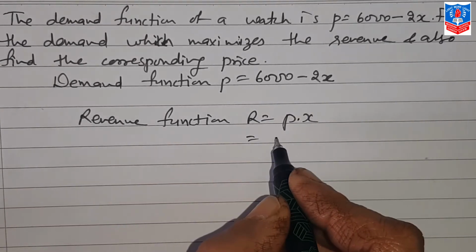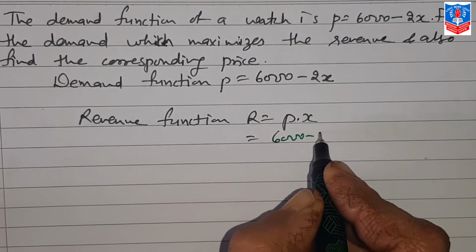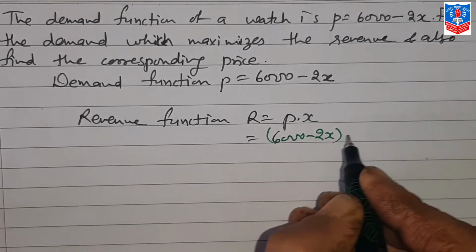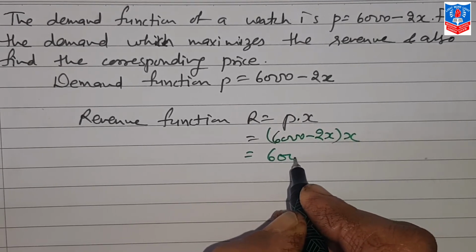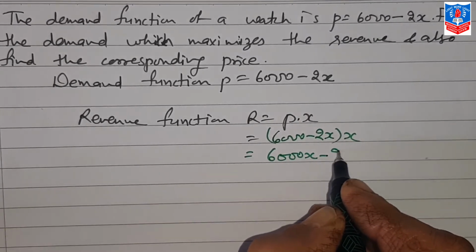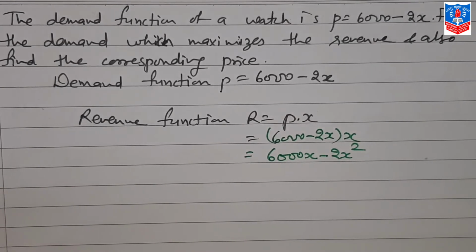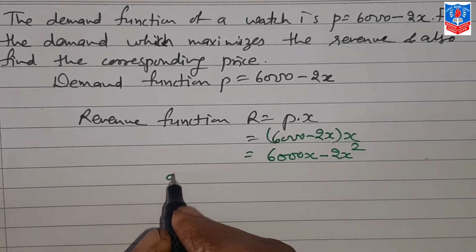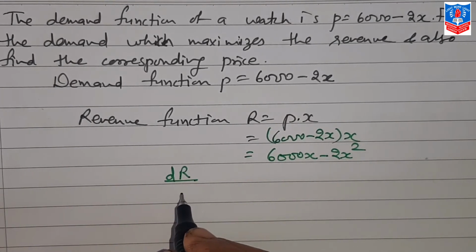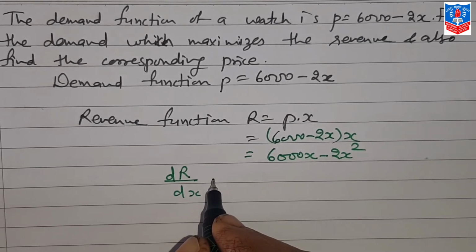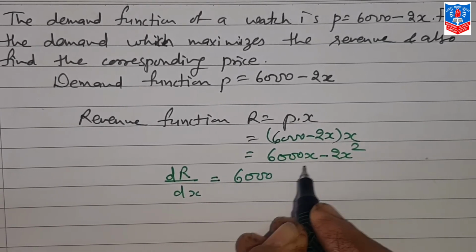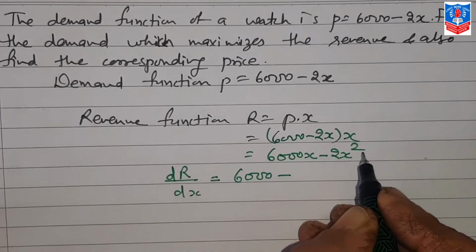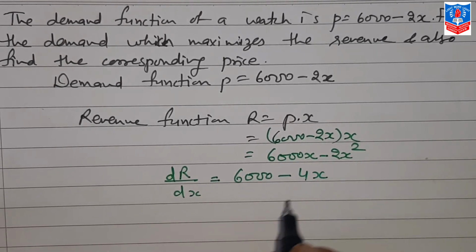Here P is 6,000 minus 2x, into x. So this will be 6,000x minus 2x². So our dR/dx will be 6,000, x gives 1, minus 2, 2 twos are 4x.